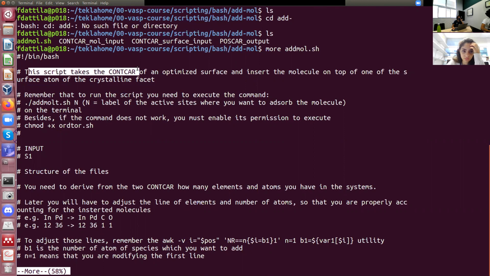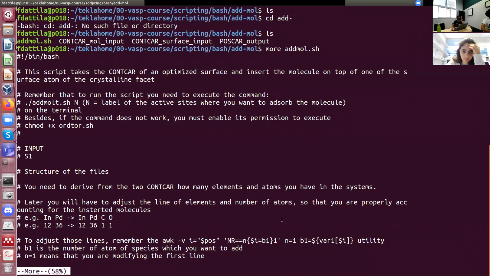The script takes the CONCAR and inserts a molecule on top of one of the surface atoms. Then it tells you how you need to run the script: you run the script plus a number, the label of the active site where you want to insert the molecule. Label just means the number, okay?